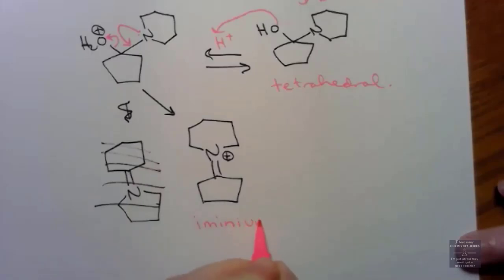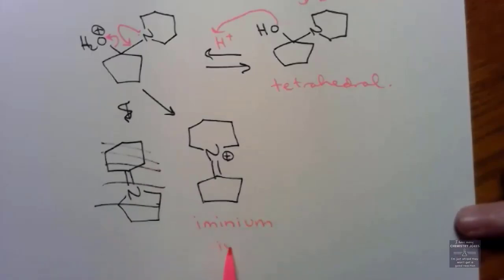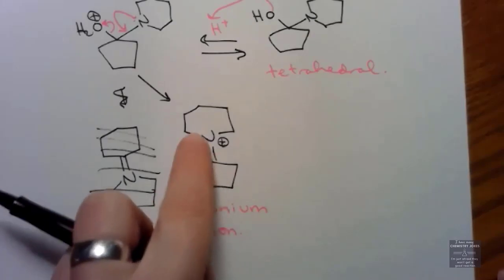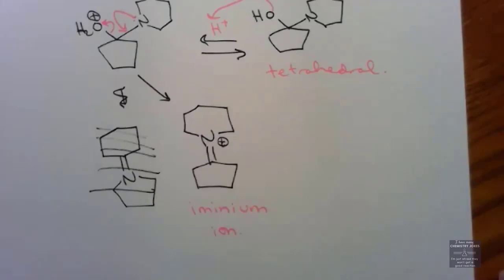It's an iminium. This iminium ion is not the final predicted product because we want a neutral product in the end. There's no hydrogen on this nitrogen to make it neutral, so we're going to need to give electrons to that nitrogen some other way.